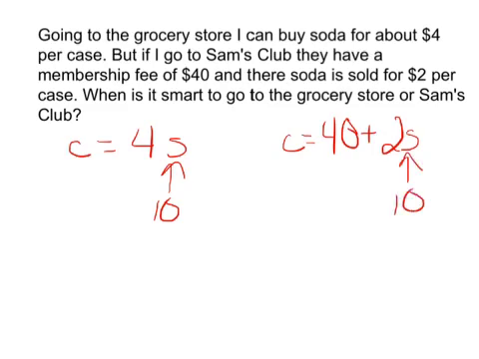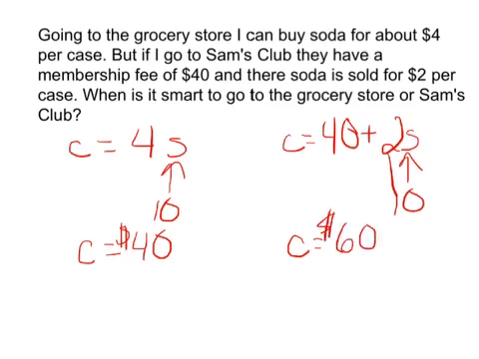If I were buying 10 cases of soda at the grocery store, my cost would be $40. But from Sam's Club, if I were buying 10 cases, my cost would be 2 times 10, plus 40. I would be paying $60.